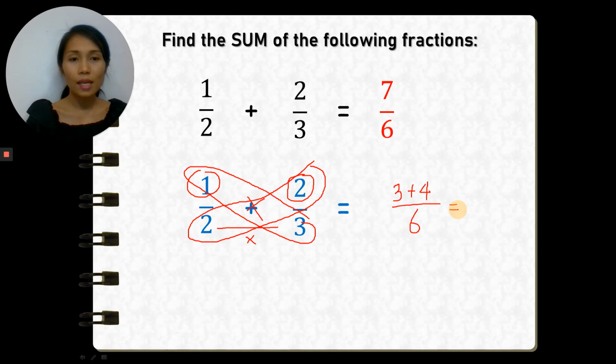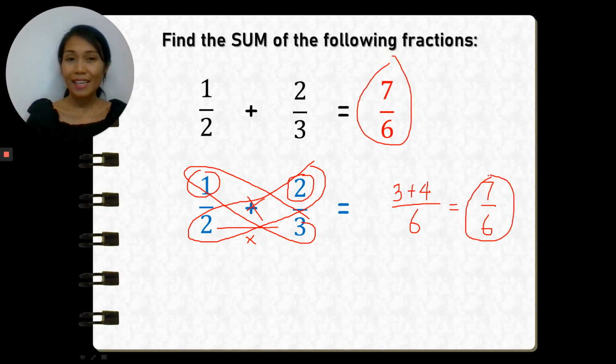Now 3 plus 4 is 7. The denominator is 6. You see we get the same answer. Easy, right? This is the easiest method, but we cannot use this when the given fractions are large numbers.